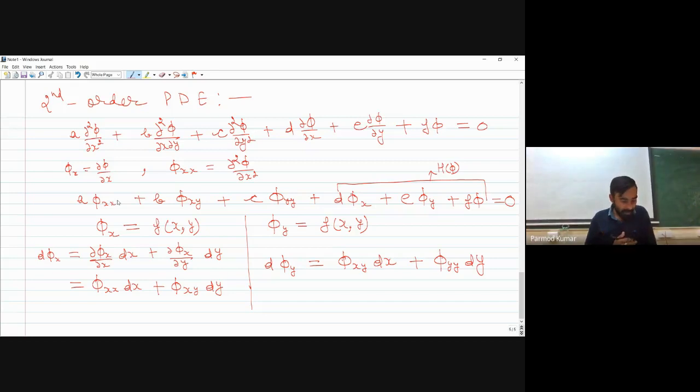Now I will take this h of phi to the right hand side. So this is my equation number 1, this is my equation number 2, and this is my equation number 3. Now this system of equations I will write in matrix form.